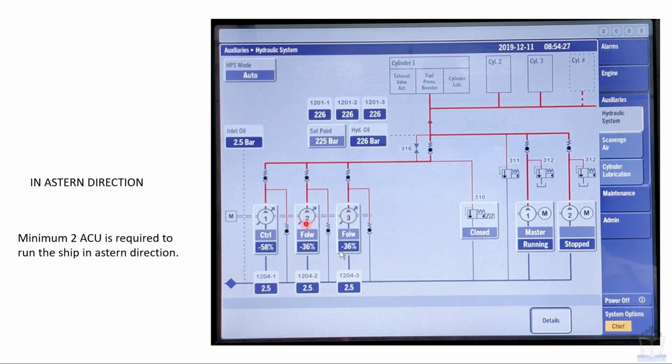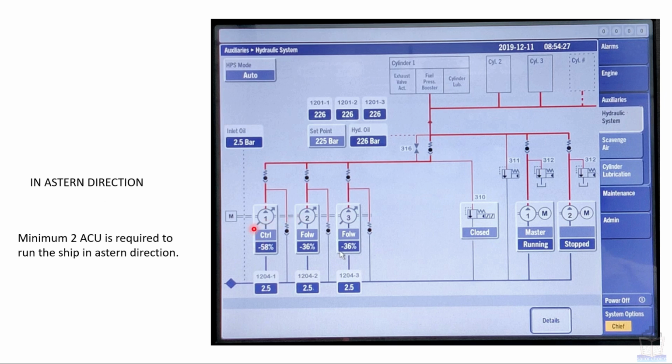Now suppose any one SU is kaput, then obviously the corresponding pump will move in the ahead direction. So if the engine is running in astern direction, then that pump will be of no use. Then we will be left with only two pumps which can deliver hydraulic pressure in astern direction. So this minimum requirement is for the engine to run at maximum RPM in astern direction.